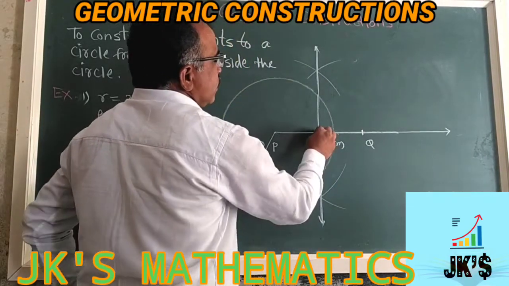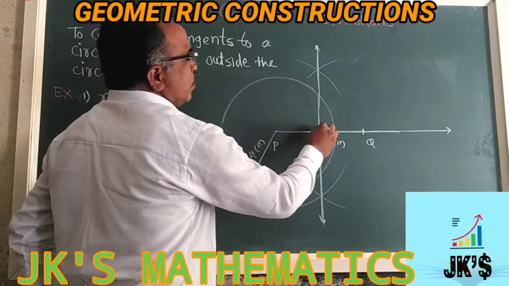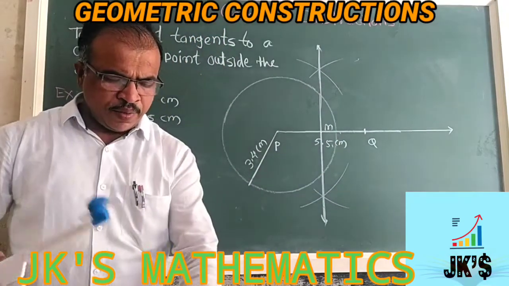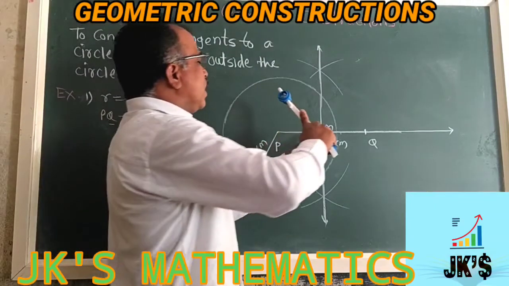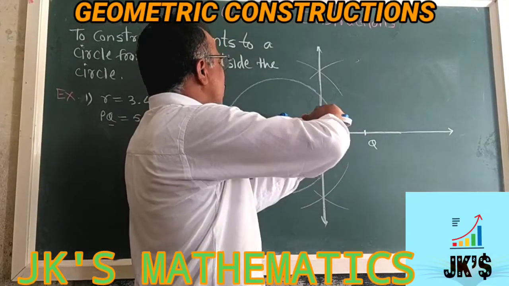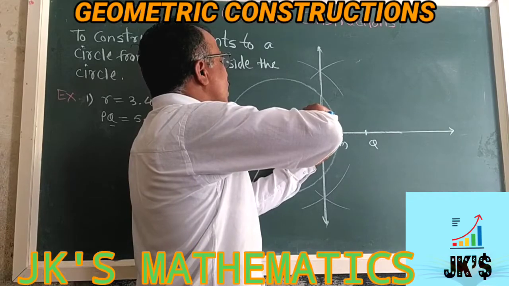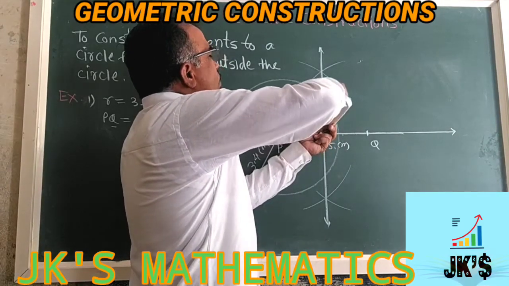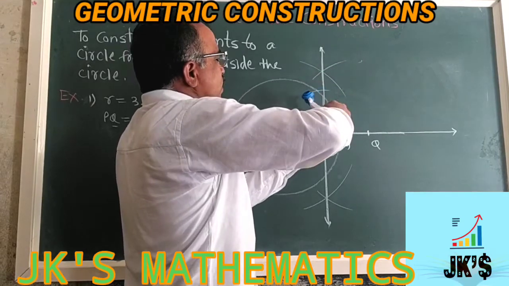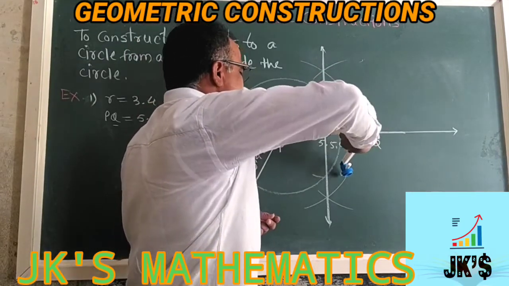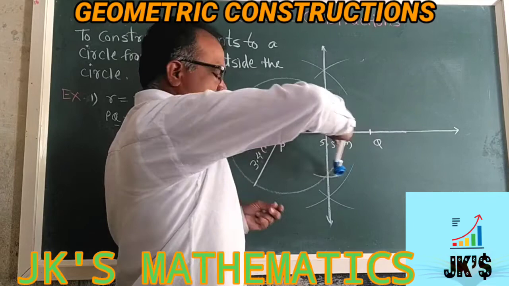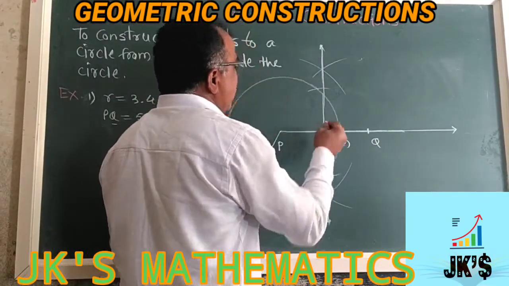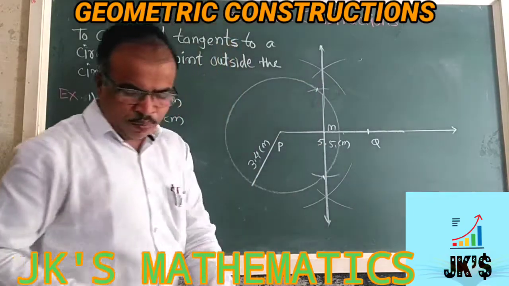By taking this center, suppose this is M, as a center and MP as a radius, draw two arcs on the circle like this. These are nothing but this one point and this is another point.